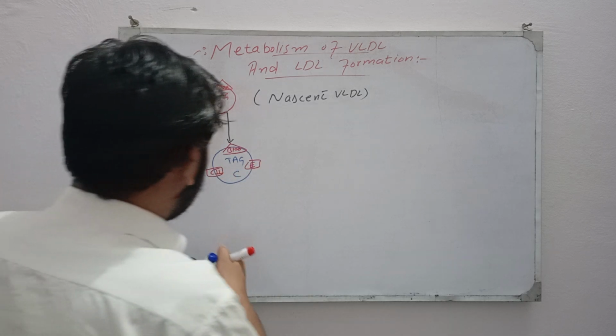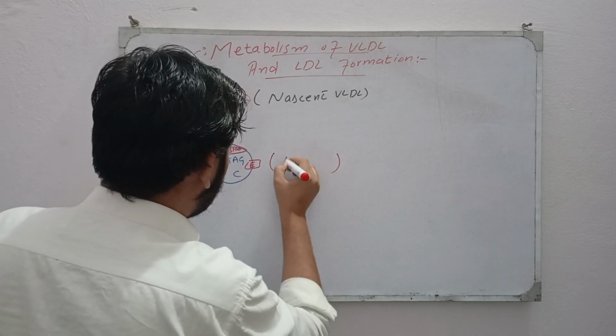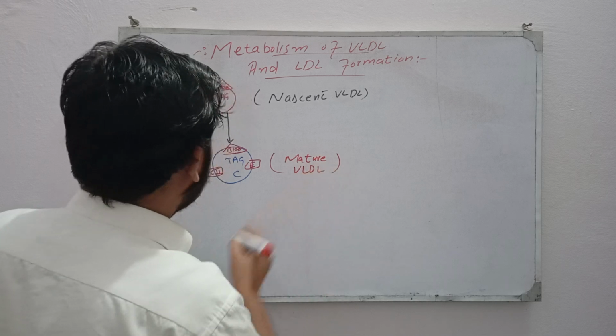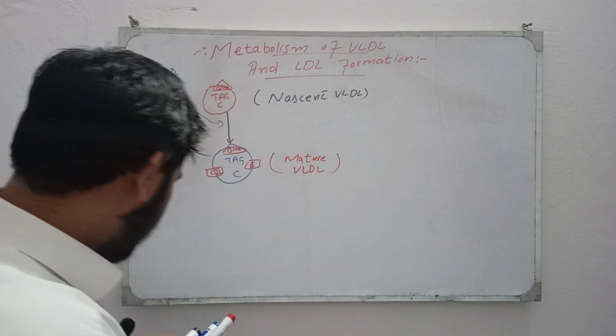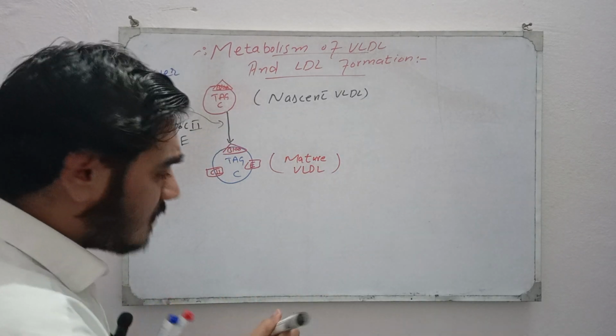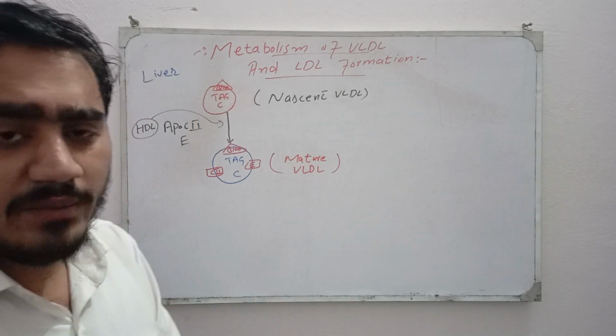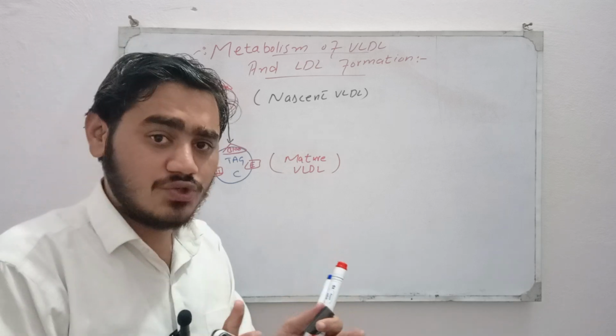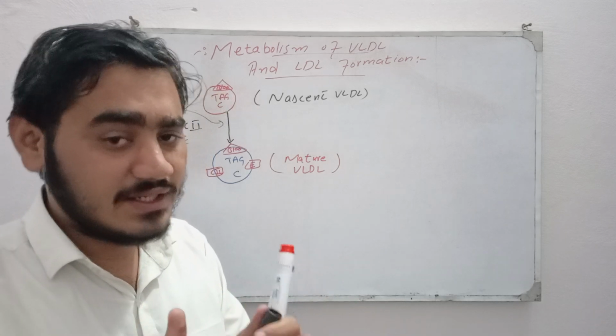This is the mature VLDL. In the next step, there is an important enzyme, lipoprotein lipase, which is present on the capillary wall and is fixed to the endothelium by heparan sulfate.